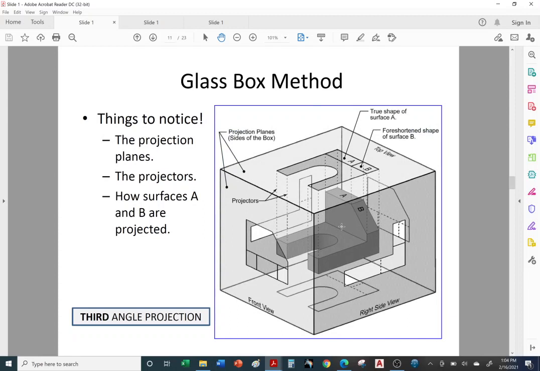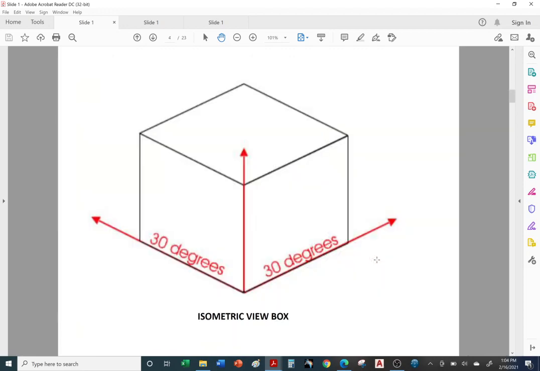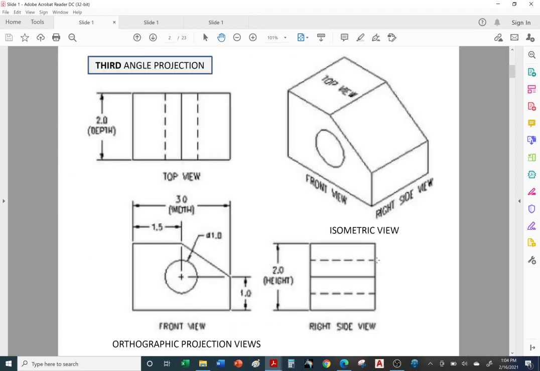Okay, so you can see that surface A, here's surface A, surface B. Now, even though this is sloping downward, in the top view, it's going to look flat. That's one of the things I forgot to mention on one of the earlier slides.